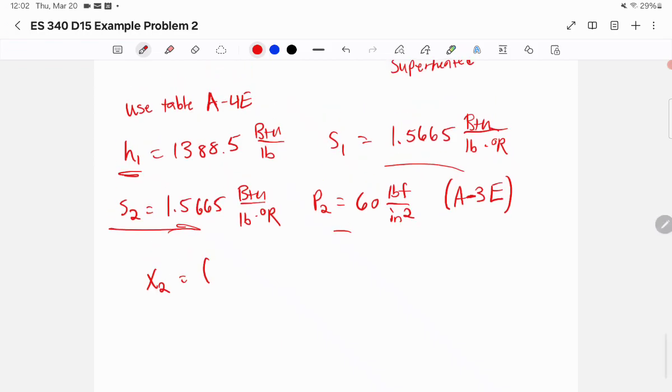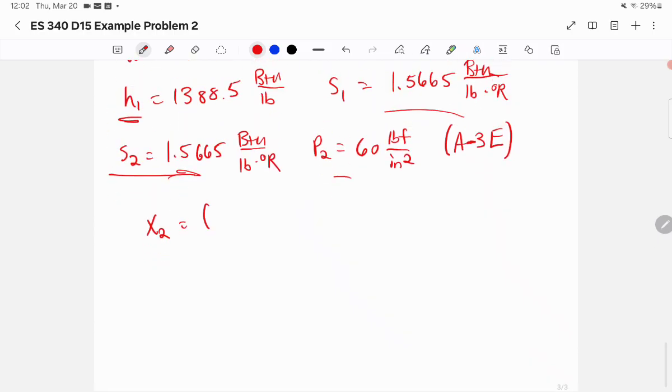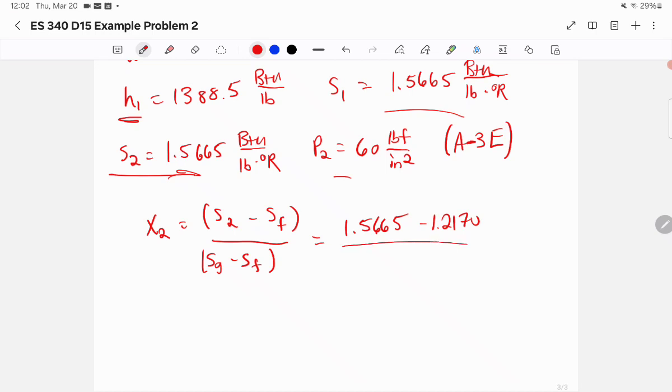So that's my S2 minus SF divided by SG minus SF, right? This is just the way we find quality as usual. And what I find, if I substitute in those values, is 1.5665 minus 1.2170, that's my SF.